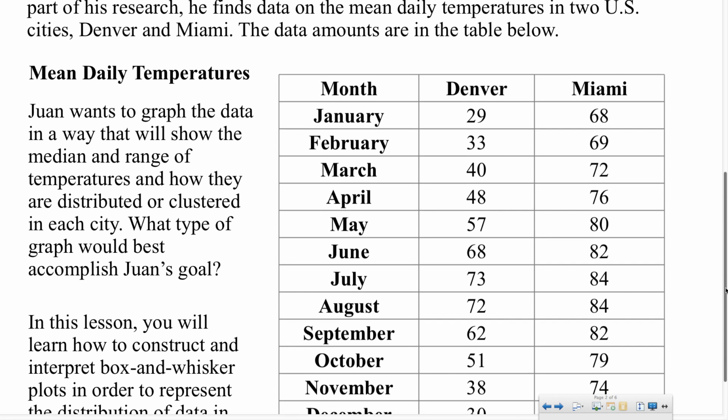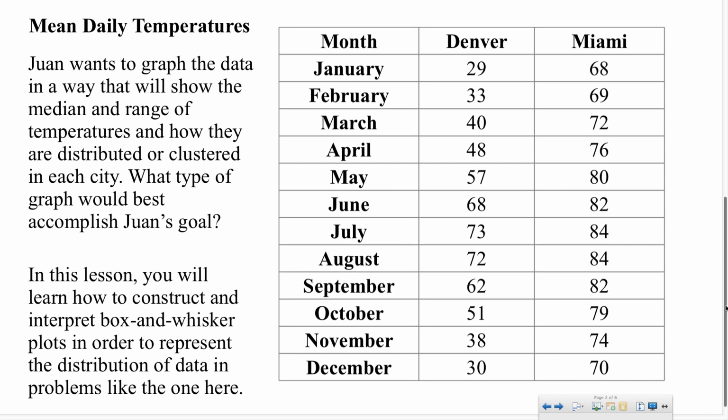Okay, so does this look familiar to you, the data right here? Does that data look familiar to you? It's the warm-up, right. So I wanted to save some time and get us started. So we're using the data that Juan collected, mean daily temperatures.